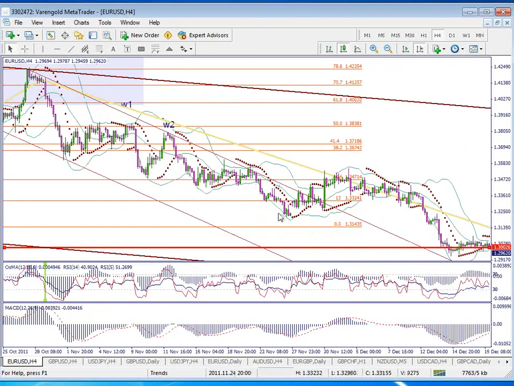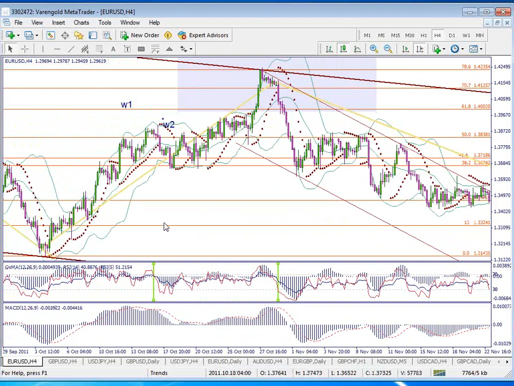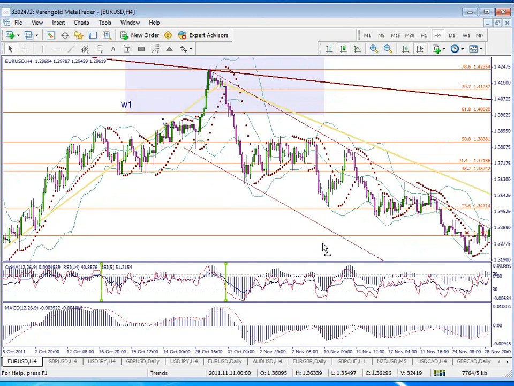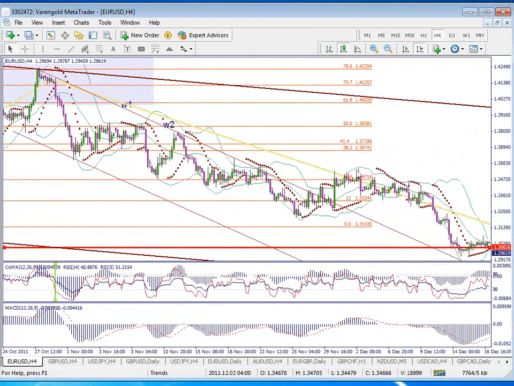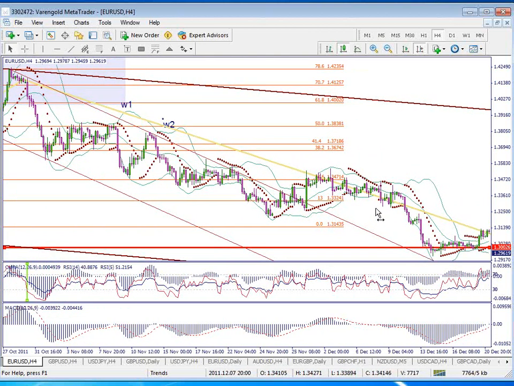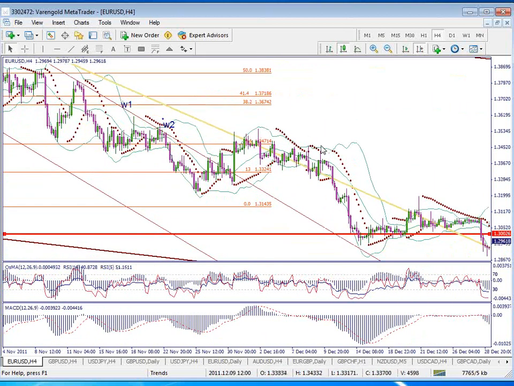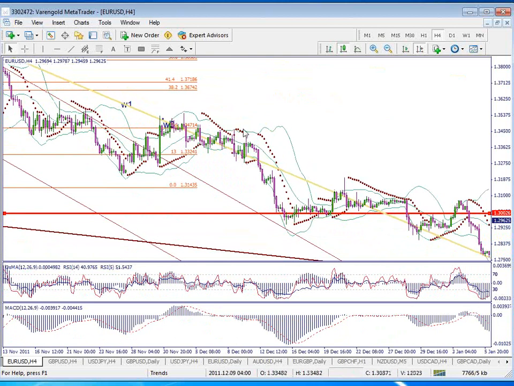When the pair reached the previous low of the second wave, the pair was rejected from the channel and the market just translated the channel a little bit into the upside, and changed a little bit the angle of the downtrend.